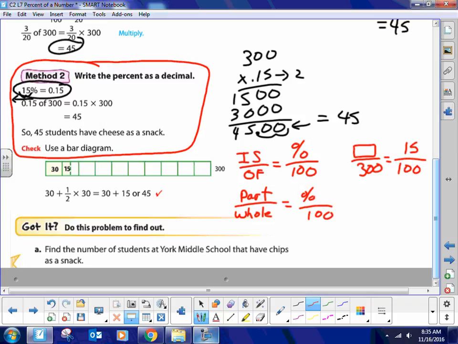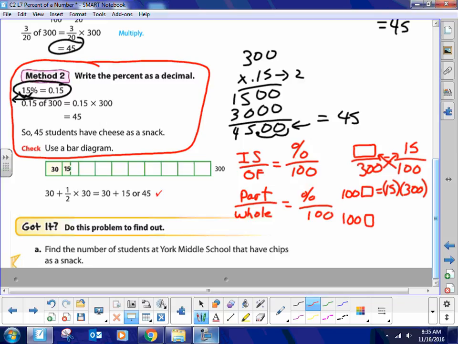And now we cross multiply, okay? We cross multiply. All right, so you get 100 times a box, which is an unknown, is equal to 15 times 300. Okay, you keep this like this, right?